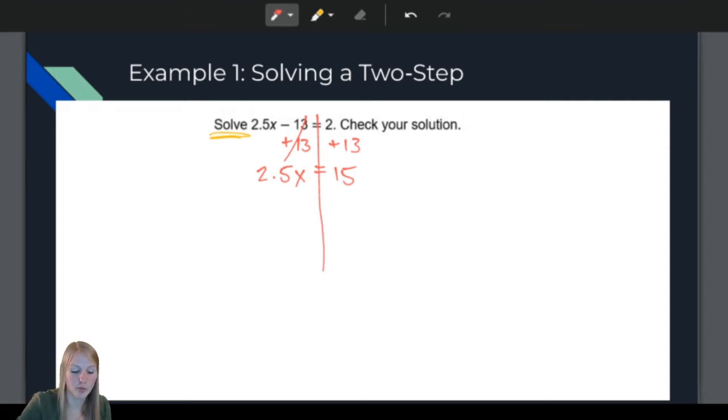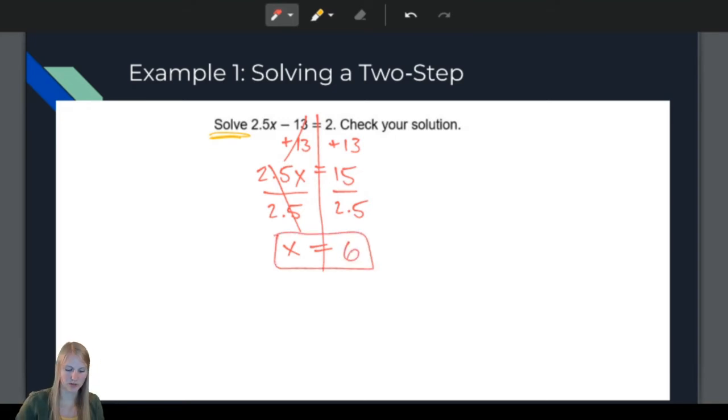So now I have 2.5 times x, opposite of times is divide. So I have x equals 15 divided by 2.5, and I get 6.